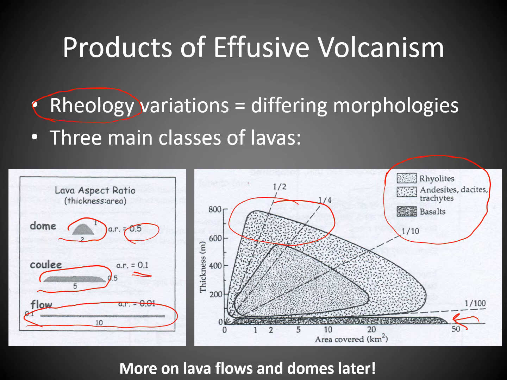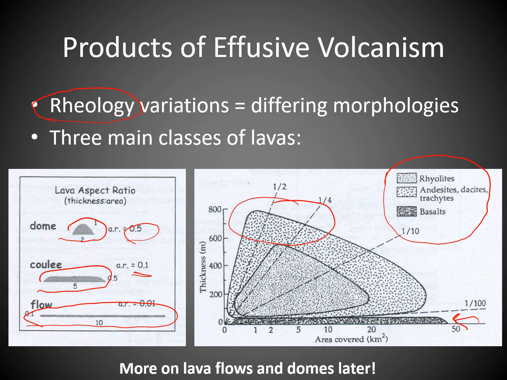dacite sometimes. And then you have coulees, which are kind of in the middle. They're thick, but they flow a little bit. So they have moderate viscosities, fairly high yield strengths. Lots of andesites and dacites fall into that range, but some rhyolites as well. So this is sort of a first order approximation for looking at flows that you actually can't physically get to.